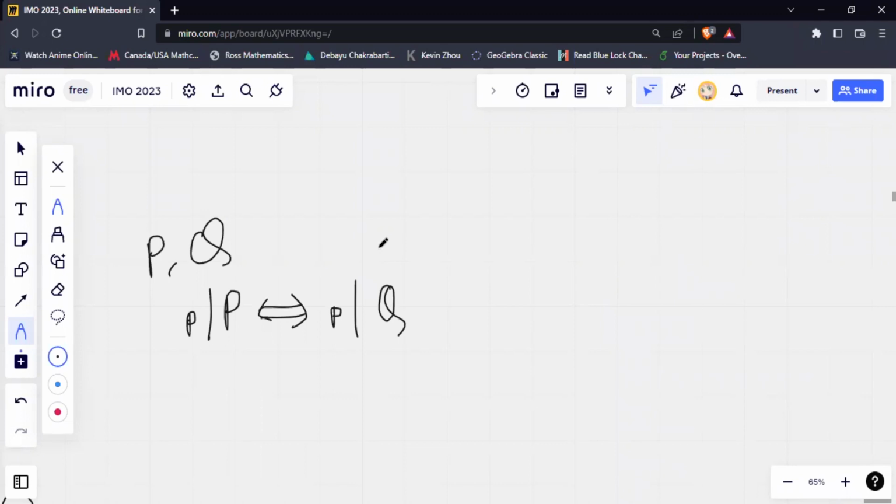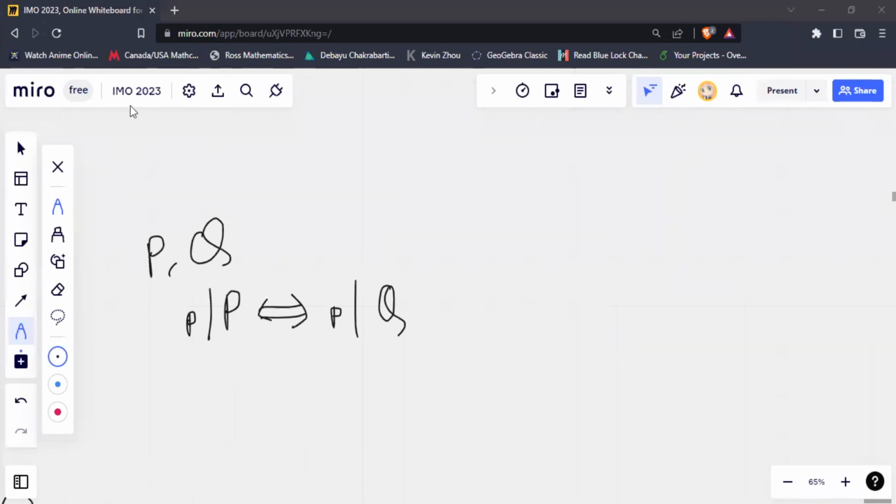So what can you say about these polynomials? Anyone?